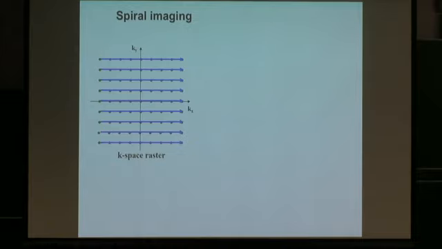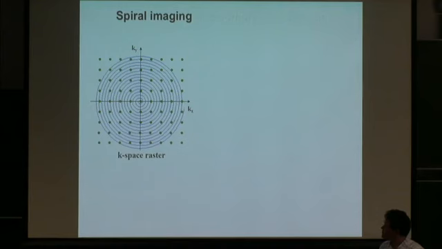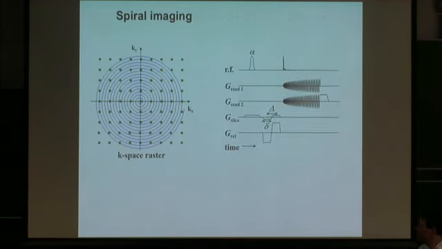Particularly in terms of hardware limitations, it's usually the rate of change of the gradient strength that is a limiting factor. And it turns out that looking instead at a spiral imaging type methodology allows us to cover the same range of case space, the same increment in case space, in a more efficient way with a shorter time scale.